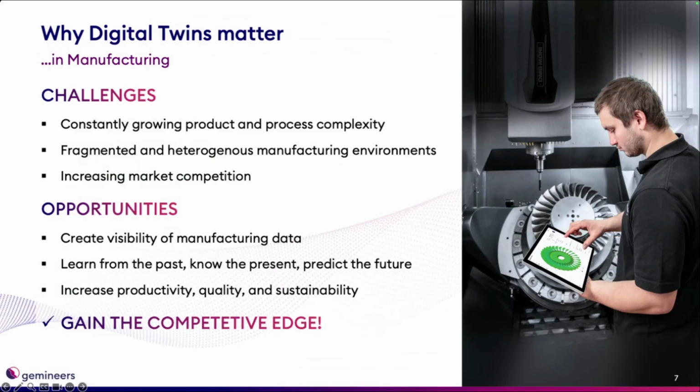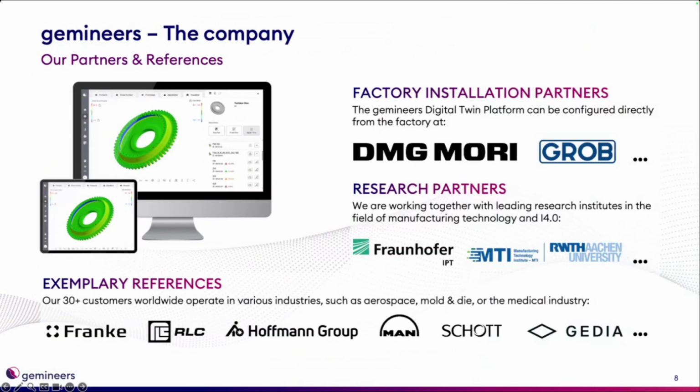That said, I want to give some more background on where we are coming from, or what our core focus is. We have a software product, the digital twin. We have two factory installation partners, Jim and Grob, so you can buy the software directly from the machine tool provider.